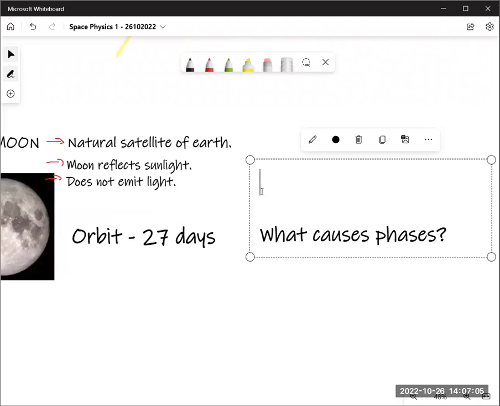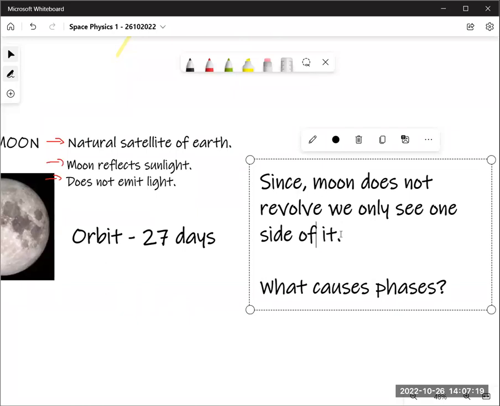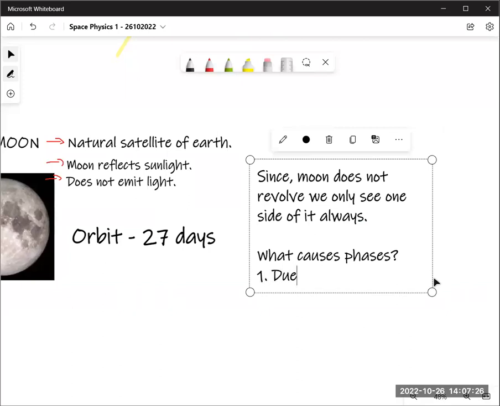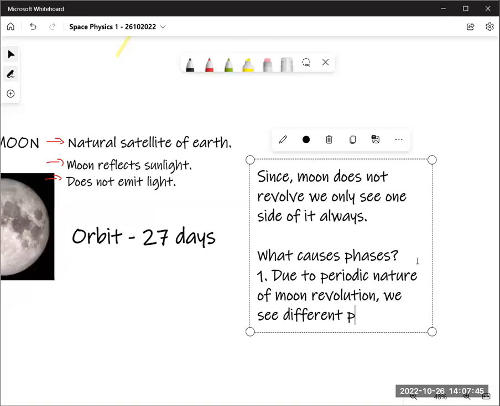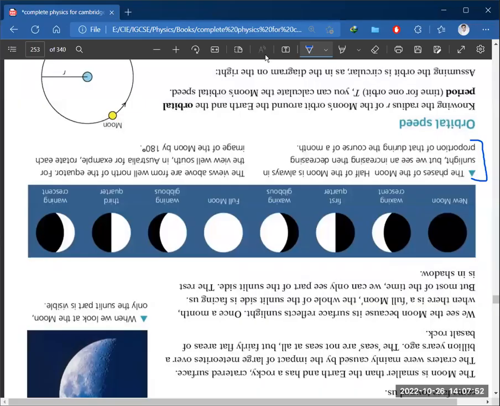Another thing we need to write is since the moon is... finish writing quickly.